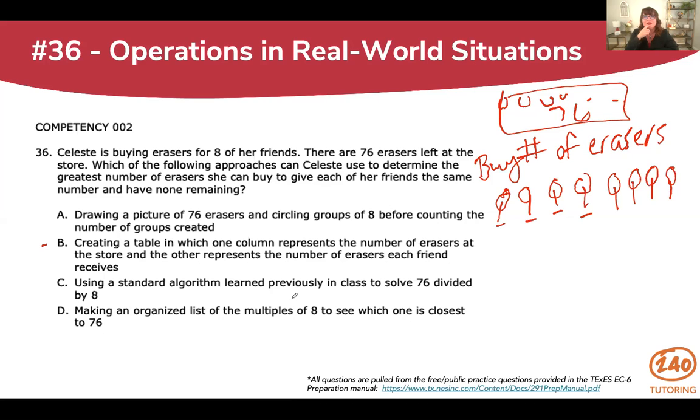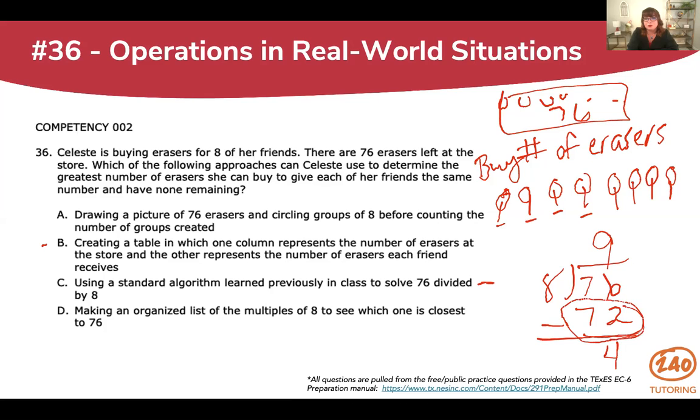This seems way harder than it actually is, because most of you would quickly do 76 divided by 8. Well, 8 times 9 gets me pretty close. All right, standard algorithm. That's what most of you would do. And you're like, well, if they each got 9, there would be 4 left over. Well, right here's your actual answer. The most she could buy would be 72.